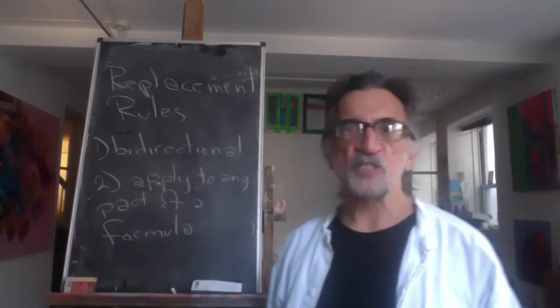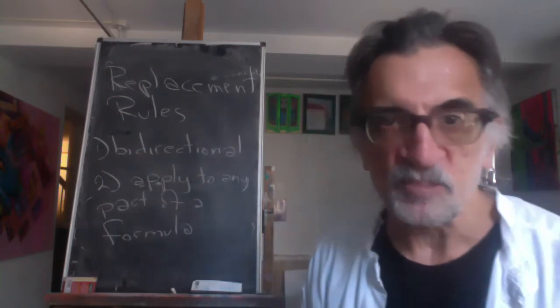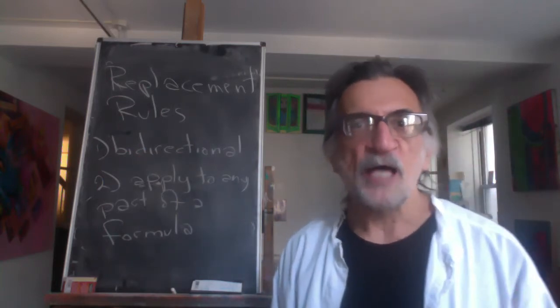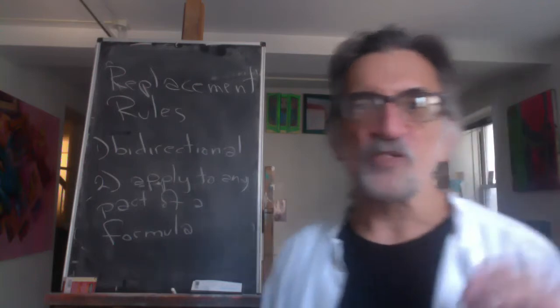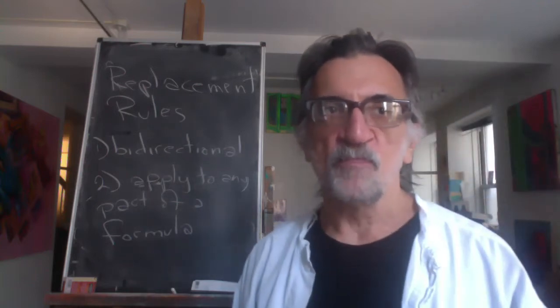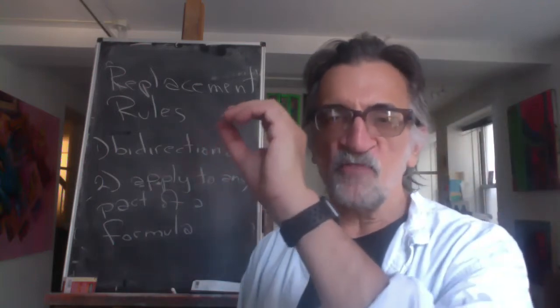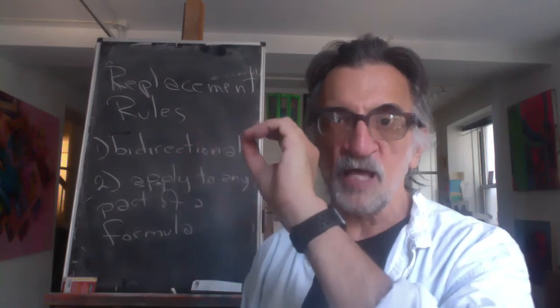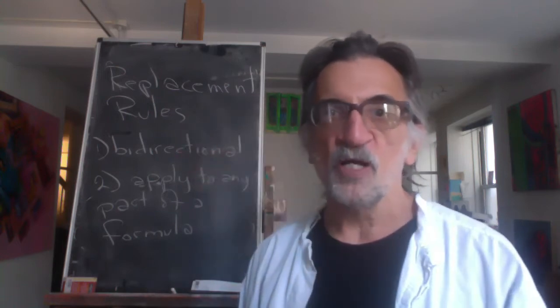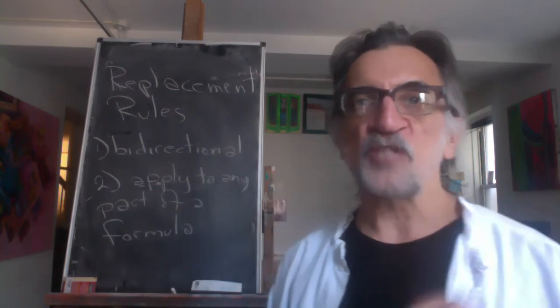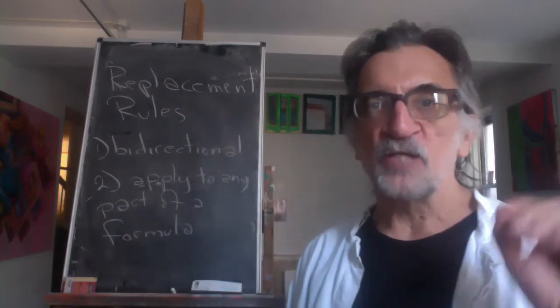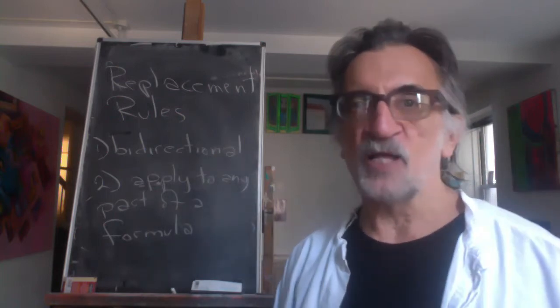You recall that I said last time, or if you don't recall, please bear it in mind now, that rules of inference are unidirectional. If you use a rule to get from line 3 to line 4, you cannot use that same rule of inference to get from line 4 back to line 3.